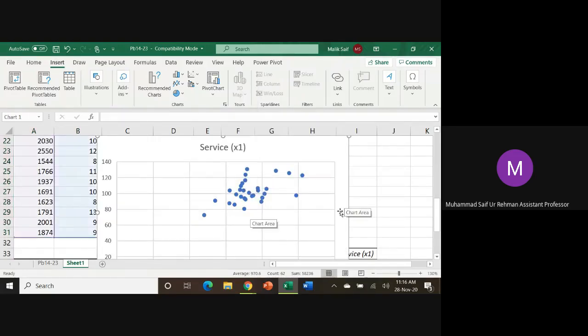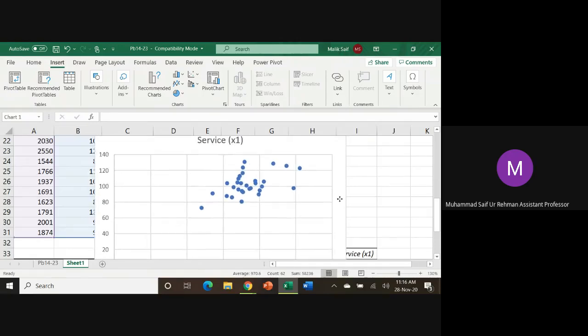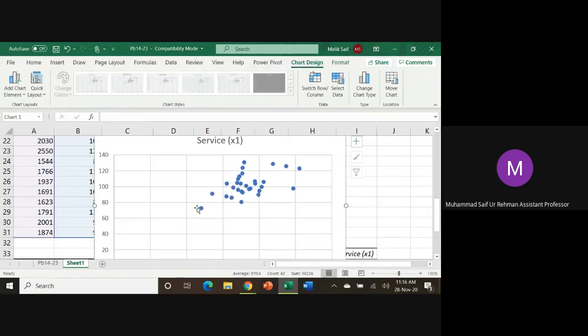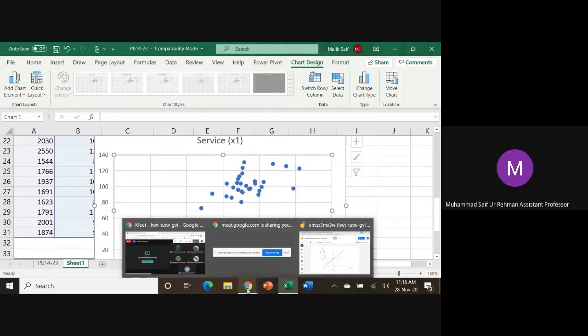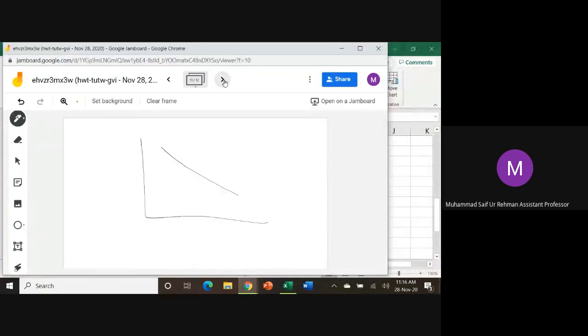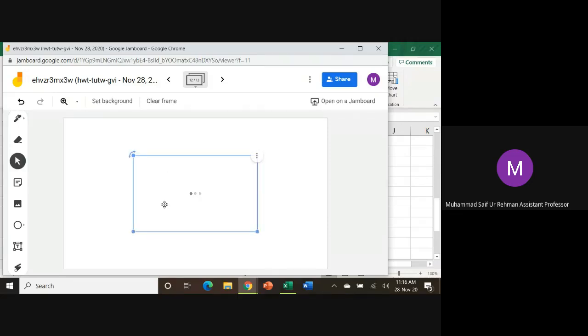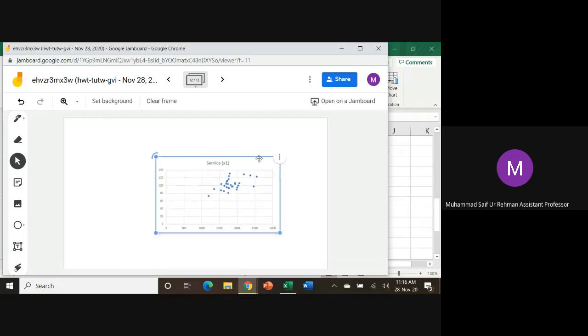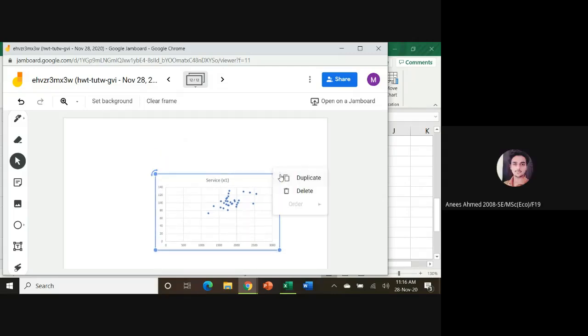See this graph. Can you see it? So now if you have this graph... Sir, please make its size a little bigger.